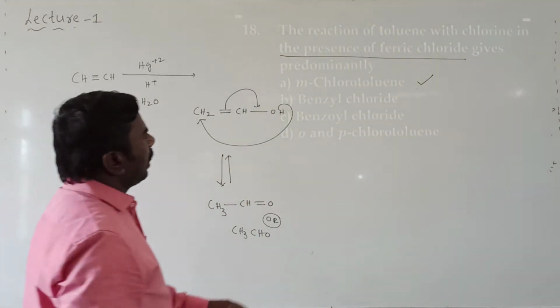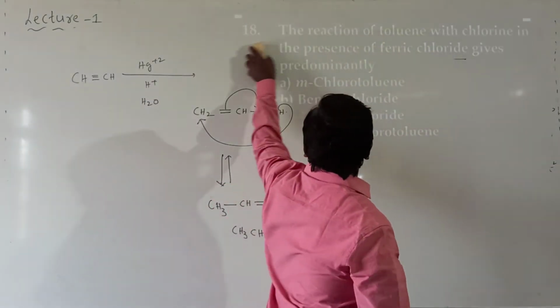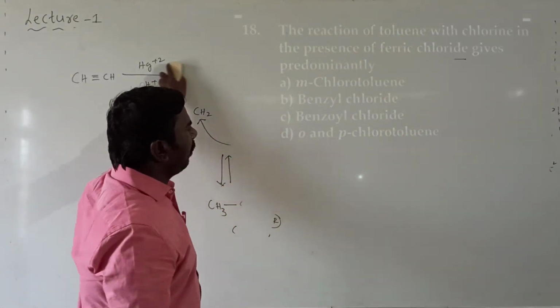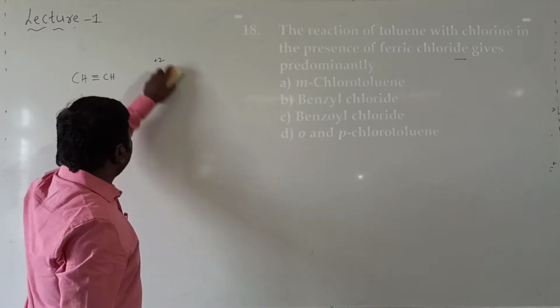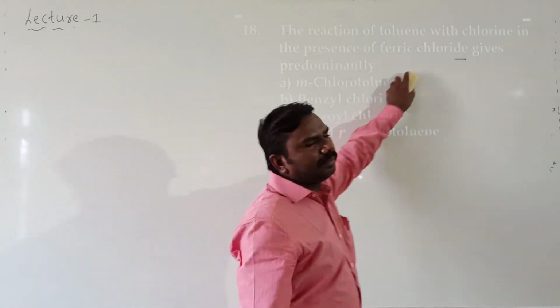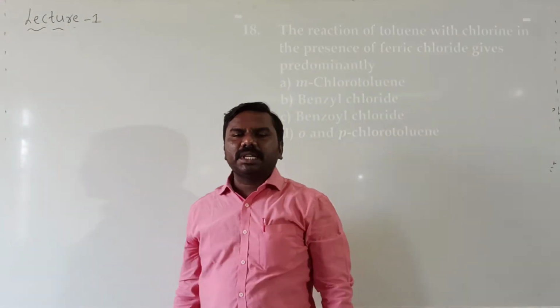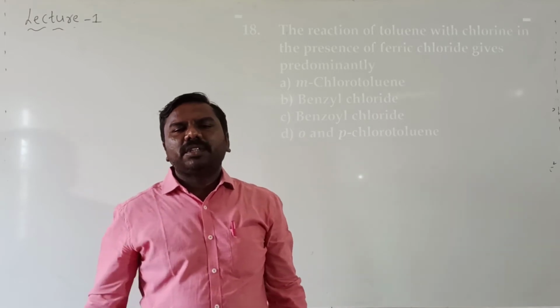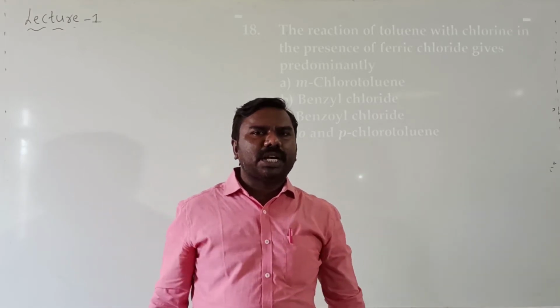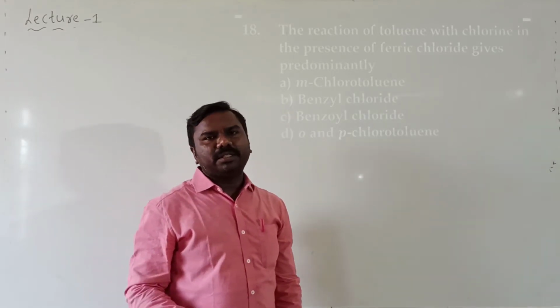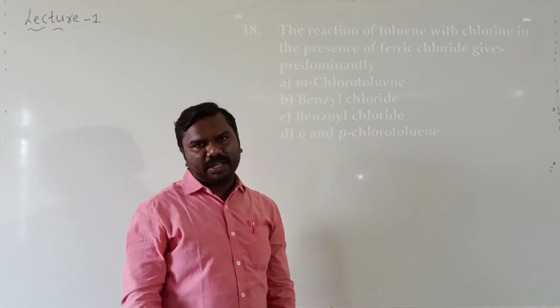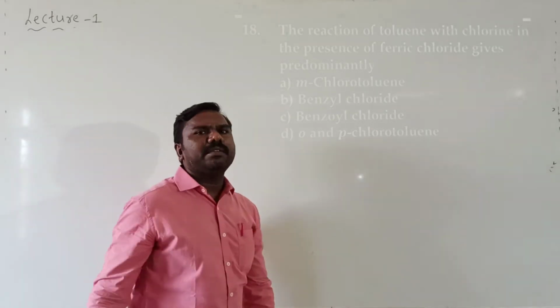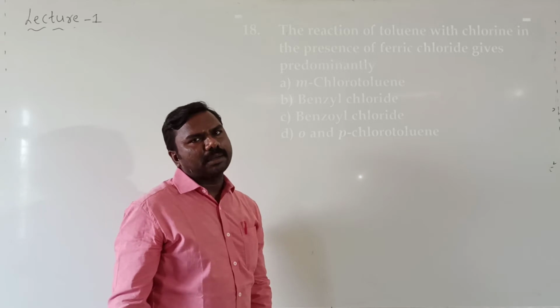Next, the reaction of toluene with chlorine in the presence of ferric chloride gives. Ferric chloride is a Lewis acid. In the presence of a Lewis acid, if you observe, it is an electrophilic substitution reaction. In the presence of sunlight or UV light, that is a free radical reaction.